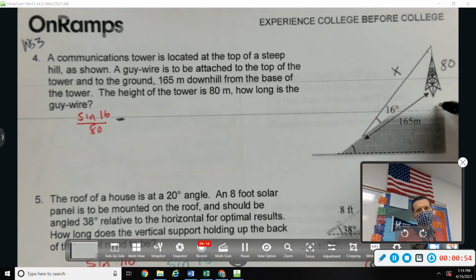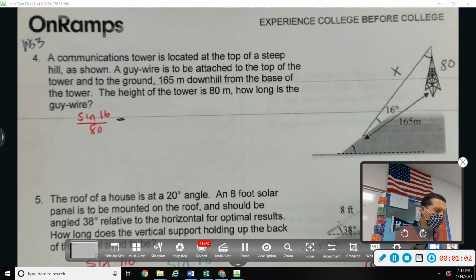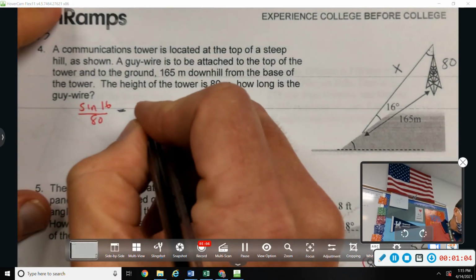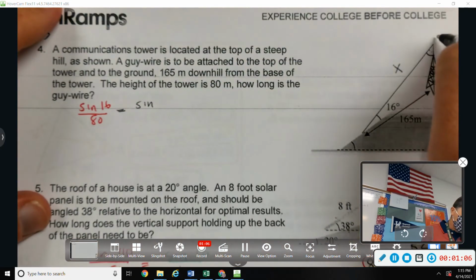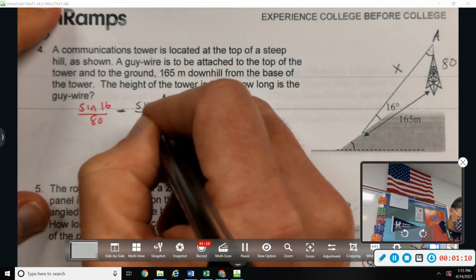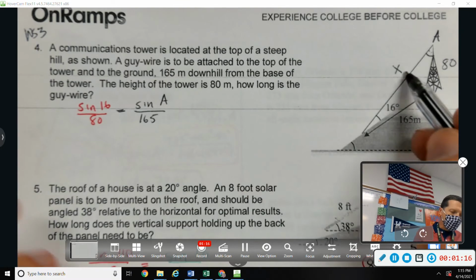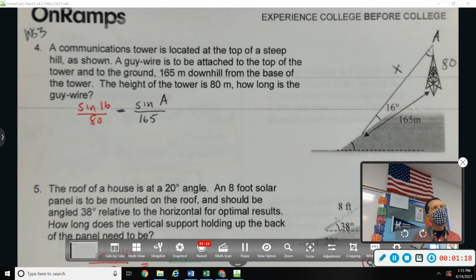So I think my only option is to find the angle across from 165. So sine of, just call it angle A, over 165. That's really not what I'm looking for, but I think once I find that, then I'll know all the angles, and then I can do law of sines to find the side that I want.